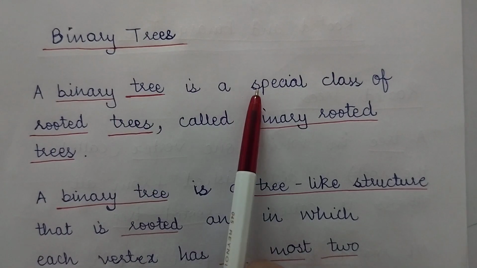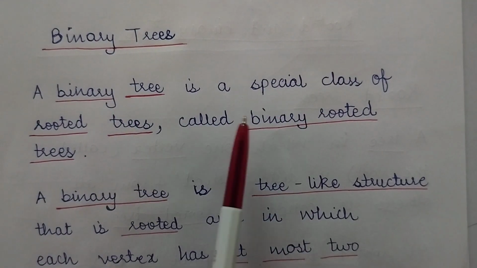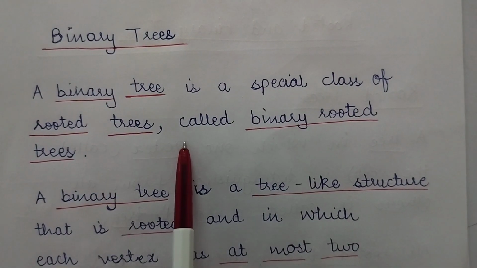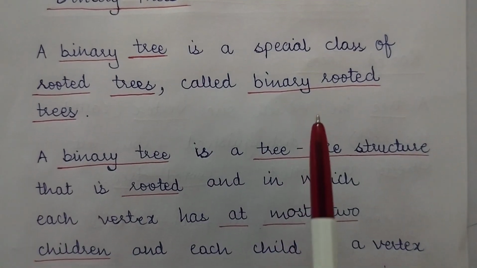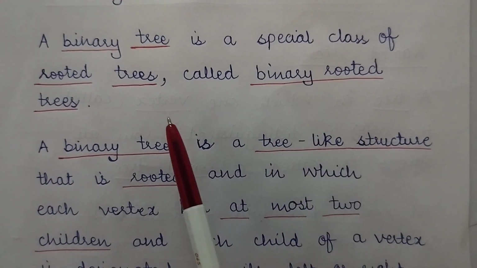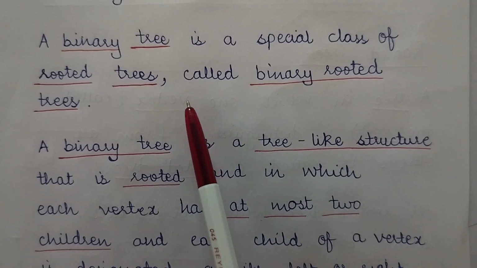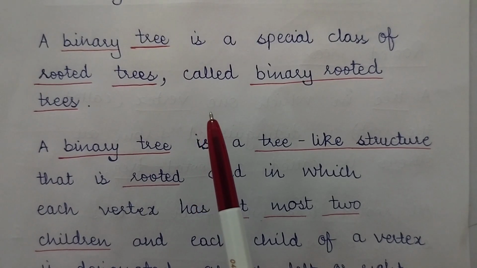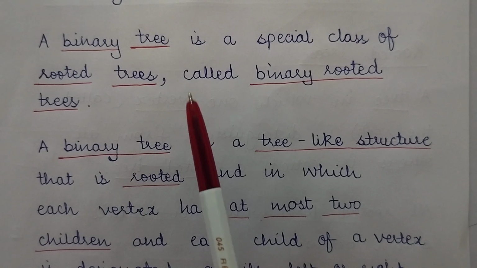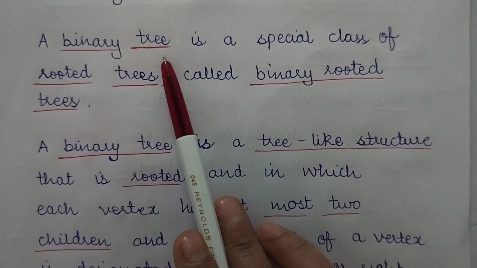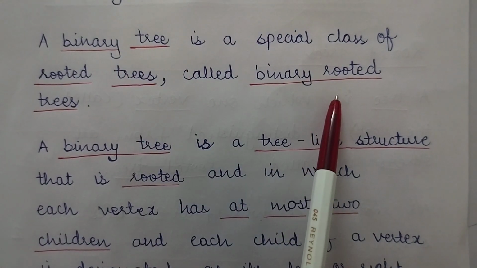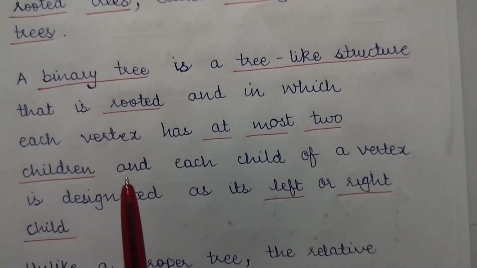So a binary tree is a special class of rooted tree called a binary rooted tree. So any binary tree is also known as a binary rooted tree, because if it is a binary tree, it has to be a rooted tree, because a binary tree itself is a special class of a rooted tree. So I can either call it a binary tree or I can call it a binary rooted tree.